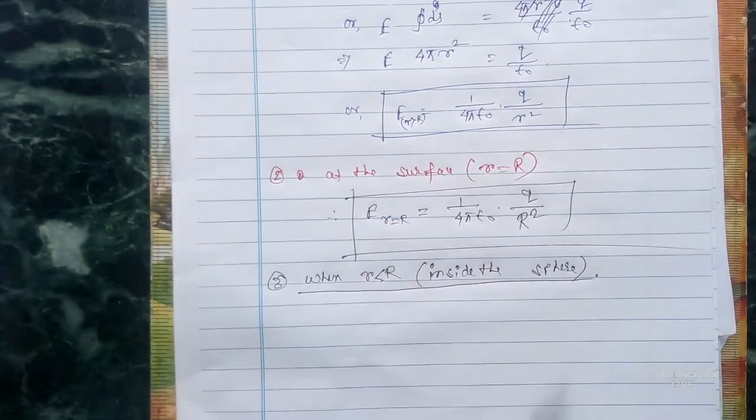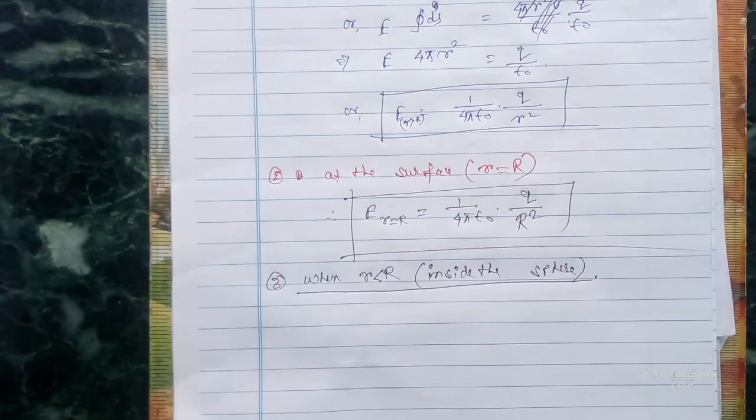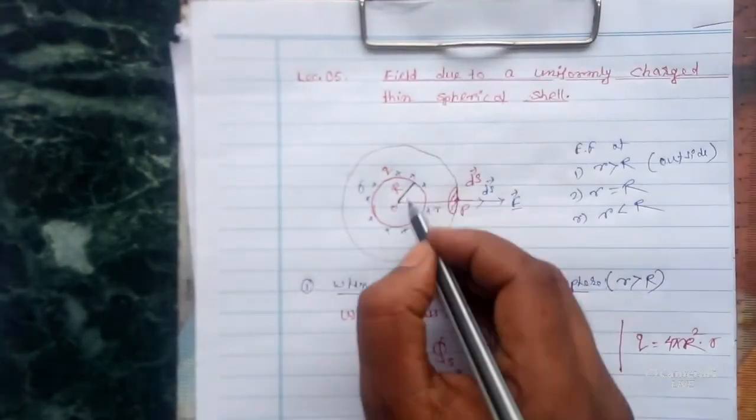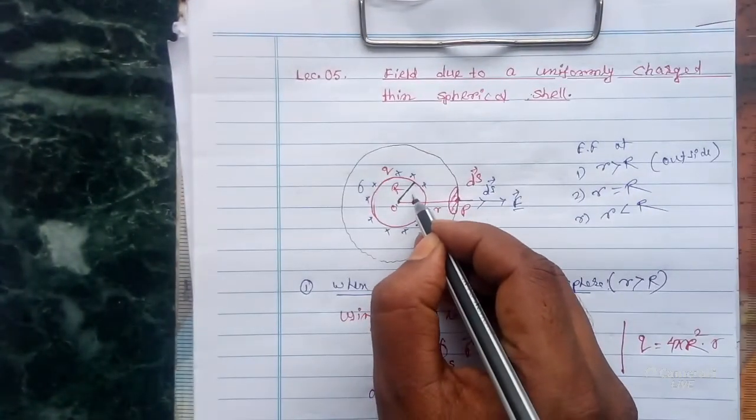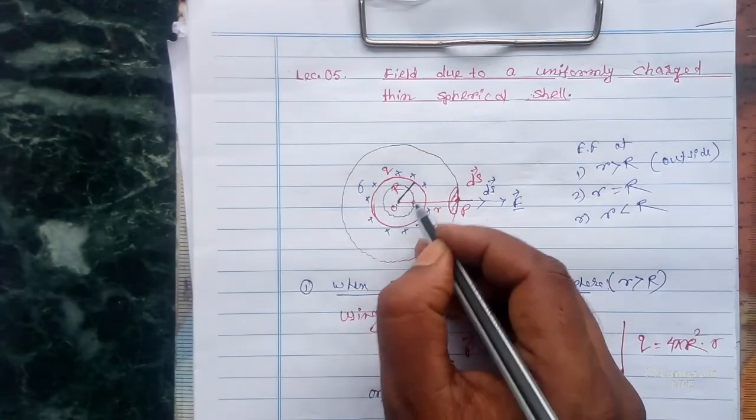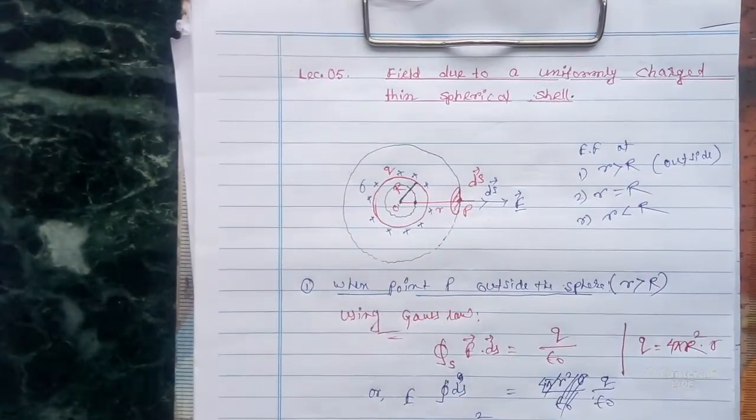Inside the sphere the total charge is 0, because all the charge is distributed on the surface. So there is no charge inside the sphere. If you consider a point inside the sphere, you have to take a Gaussian surface, and inside this Gaussian surface no charge will be there. So the charge inside this Gaussian surface is 0.